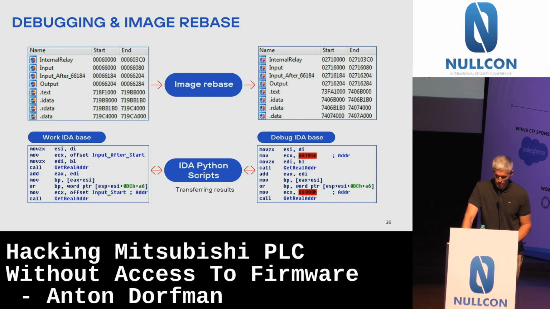And during this image rebase, all offsets I found before go bad. So I have two versions of IDB, one for the main research and a second for the debug issues, and I wrote scripts to transfer results between these IDBs.